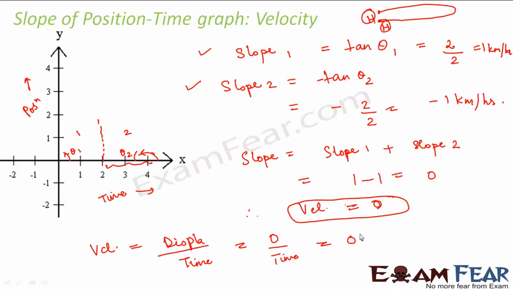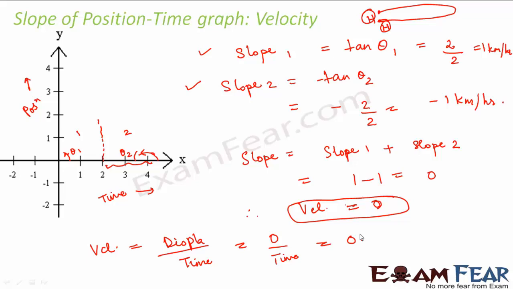So with this we will conclude our discussion on speed and velocity. What all did we study? Speed and velocity tell us about the rate of change of position of an object, that means how much distance an object covers with time. Speed is the total distance covered in a specific amount of time, and it is a scalar quantity.